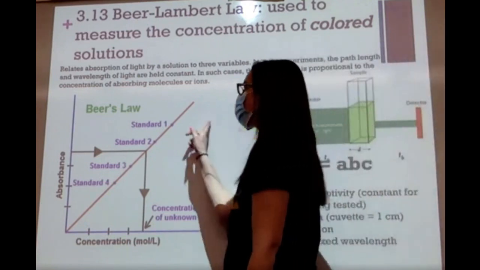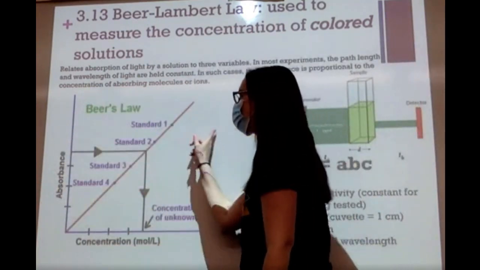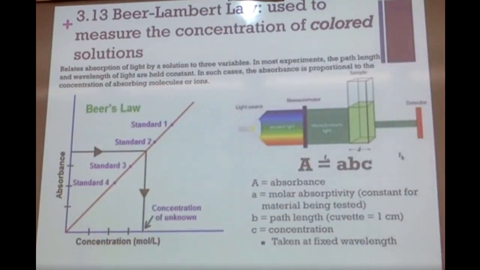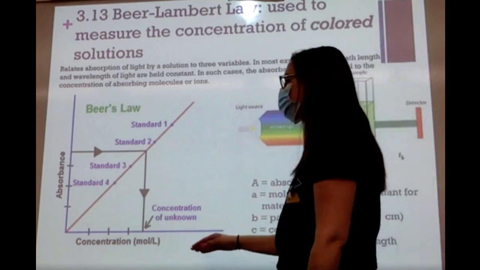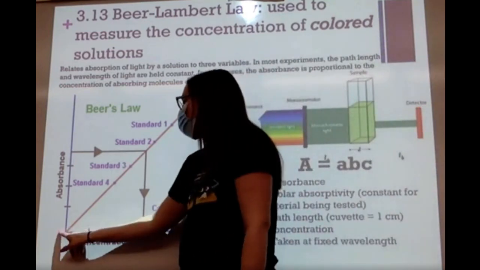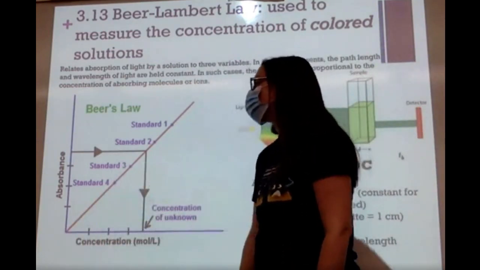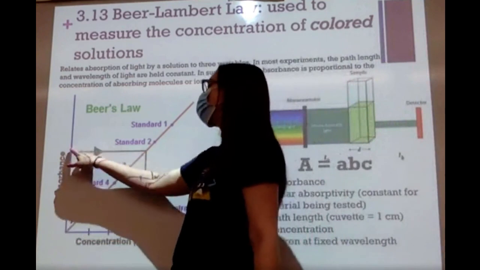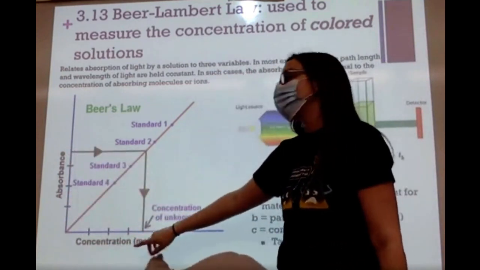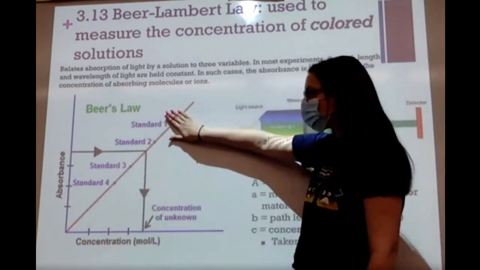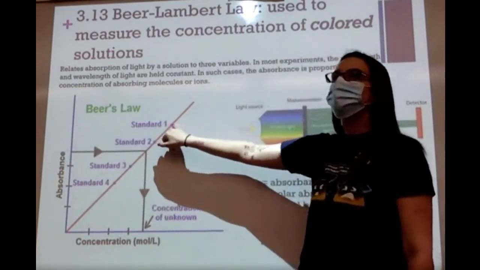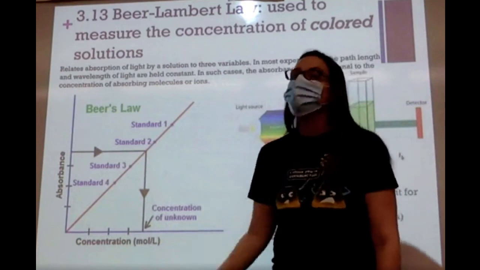Most questions that we see with Beer's law have a graph like this. Absorbance on the y-axis, concentration on the x. We've seen questions that will say, if the absorbance is x, what is the concentration? And it is reading a graph. So if we have the standard curve like this, and they give us an absorbance, you follow it over to the line, you go down and you read the concentration.